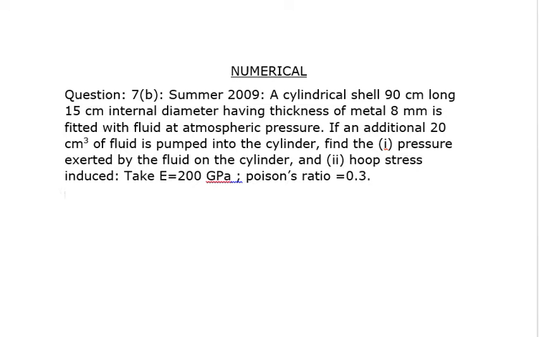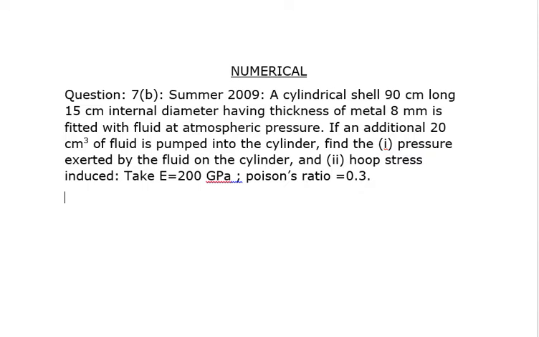AMIE online classes. Today we will discuss a numerical that has been asked in summer 2009, question number 7B. Let's read the question. A cylindrical shell 90 centimeter long, 15 centimeter internal diameter, having thickness of metal 8 mm, is fitted with fluid at atmospheric pressure.